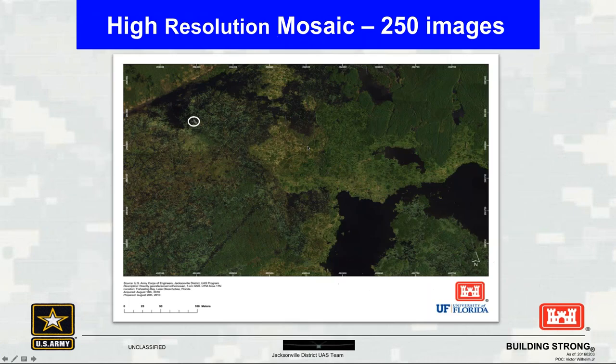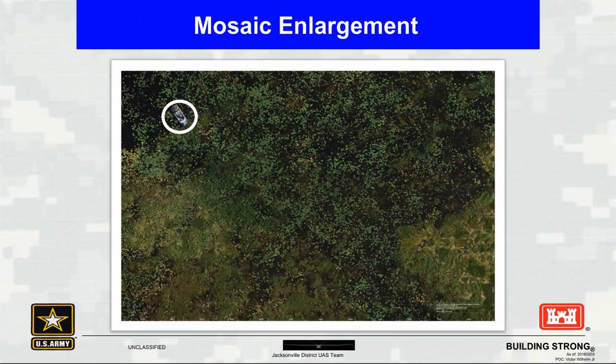So this is just a zoomed-in version of that green square that was on the previous slide, and that little white circle in the upper left of the slide is the airboat that we were launching out of that day, that it did pick us up. Next slide, please. You can see it there.